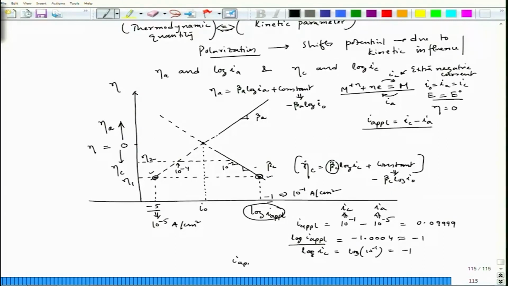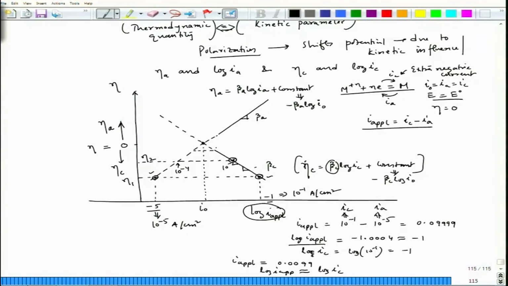So, I applied would be equal to 0.0999, and then also I could see that log I applied equal to log of IC. So, that means that time also if I try to plot log I applied, which is the excess current, the current that is flowing through the circuit would be falling on the same point.